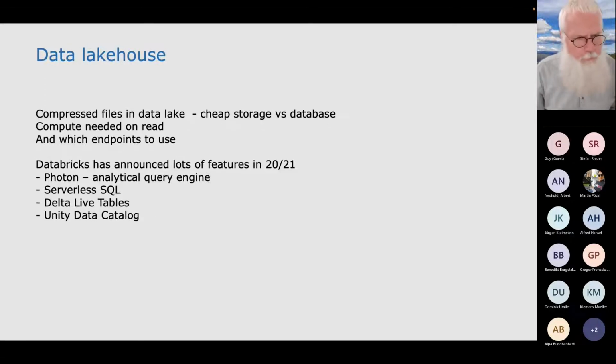They also have Unity Data Catalog, and Unity Data Catalog is a technical catalog where you can search for files as you can in a normal catalog, even though it might not be the most user-friendly. But it also allows for stronger security controls in your Databricks workspaces.